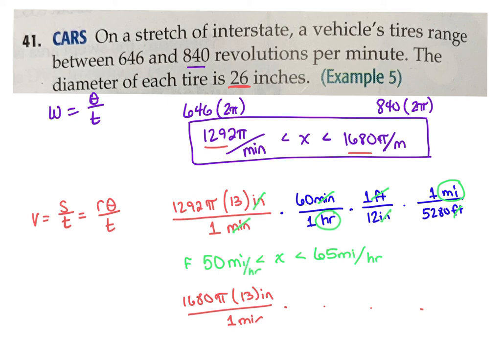Which is why they typically have you find the angular speed first, because then you just take that and multiply by the radius, and that's your linear speed.